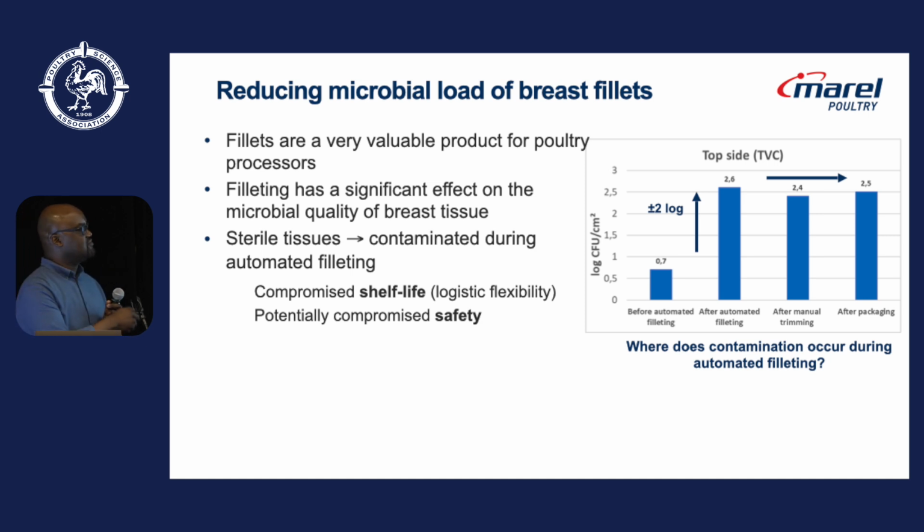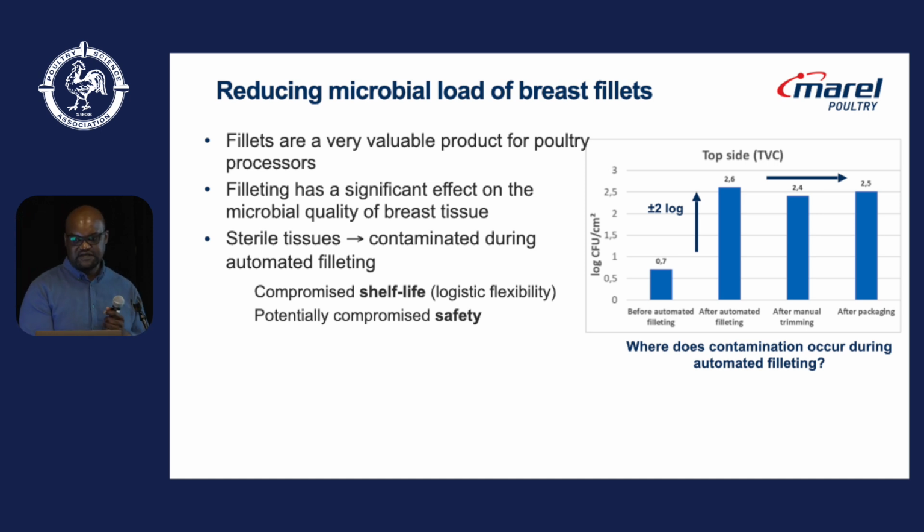Within 10, 15 seconds of automated filleting, you go from having more or less sterile breast tissue to contaminated tissue, which can have an impact not only on the shelf life, but also can compromise the food safety of those breast fillets.